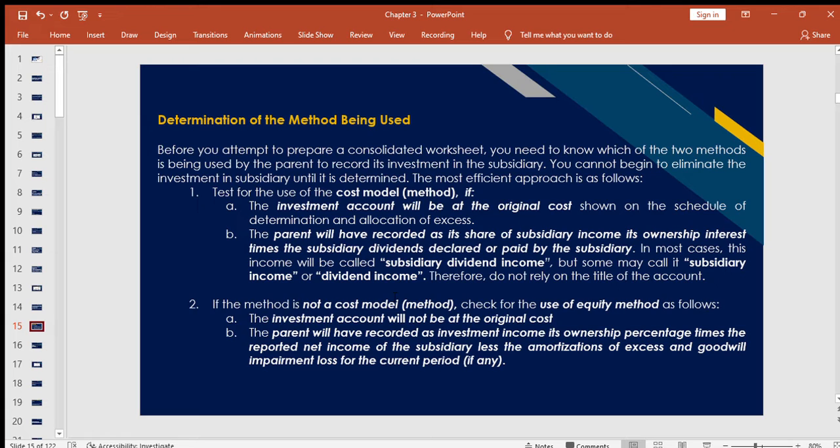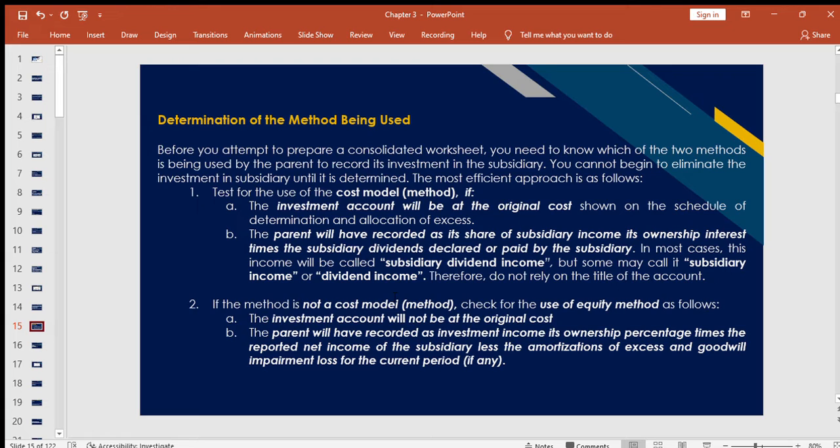Yung investment account natin will not be at the original cost. So, nagkaroon ng movement yung ating investment account. Then, the parent will have recorded an investment income, its ownership percentage times the reported net income of the subsidiary less the amortization. Ayan.